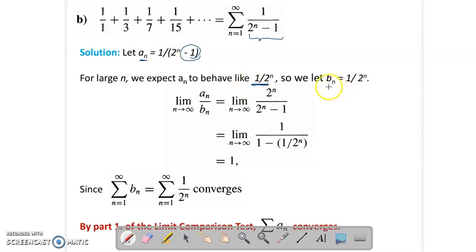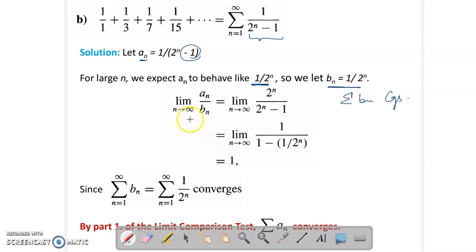So we suppose that bn is equal to 1 upon 2 to the power n, and we know that this series summation bn converges, being a geometric series with common ratio 1 by 2.